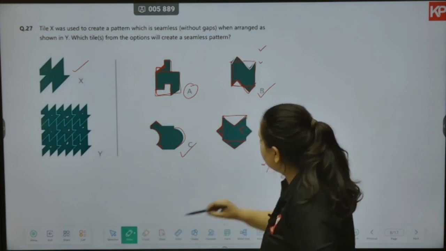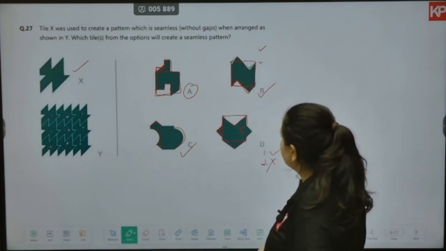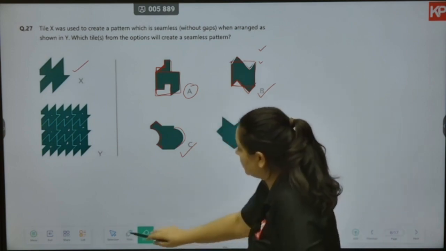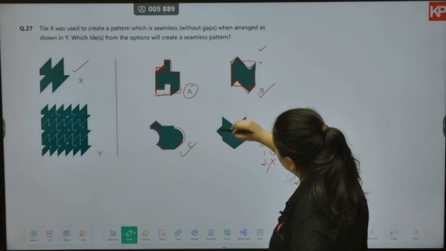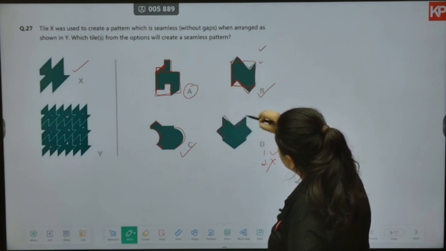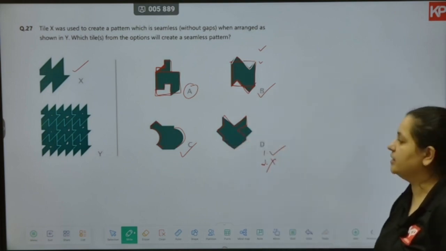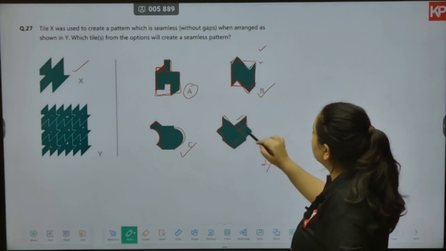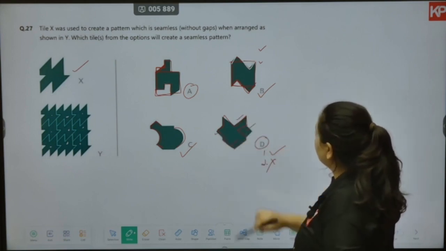Okay, had it been something like this, let me draw it, simplify it for you and draw it again. If this particular shape would have been something like this, then it would have 100% tessellated because it holds true for bottom and top, it holds true for right and left. But in this case, it is not going to tessellate.